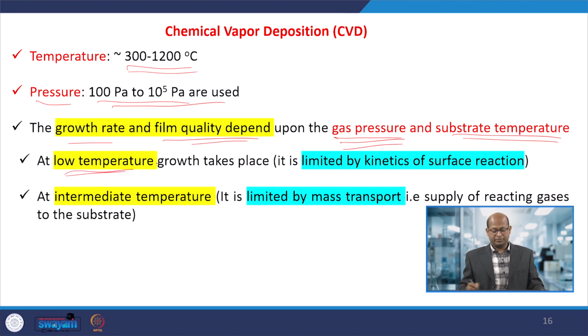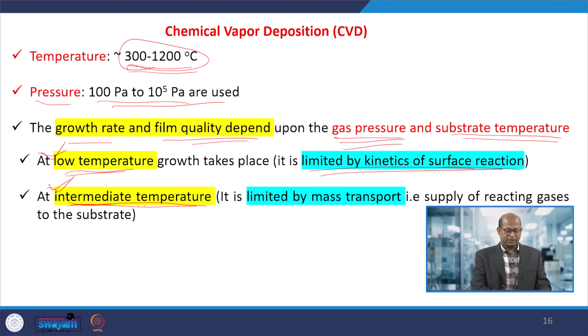It has been observed that when we set the temperature, we can vary it from 300 to 1200, any temperature in this range, for the CVD process. If we use low, intermediate, or high temperatures, then at low temperature the reactions over the substrate or the catalyst would be limited by the kinetics of surface reactions.